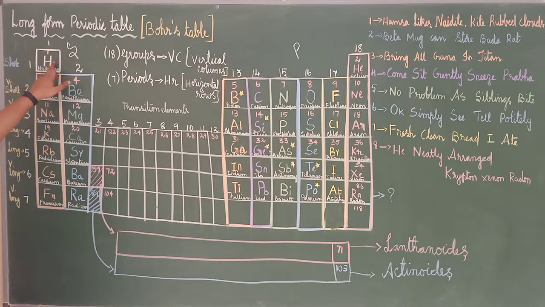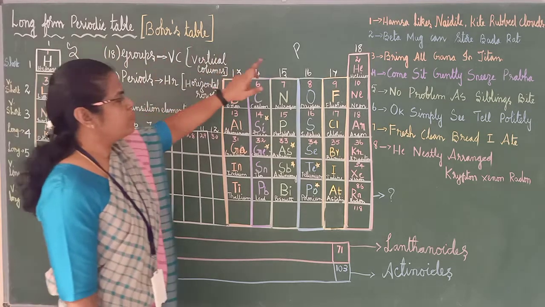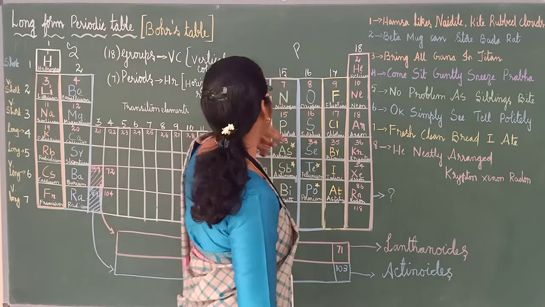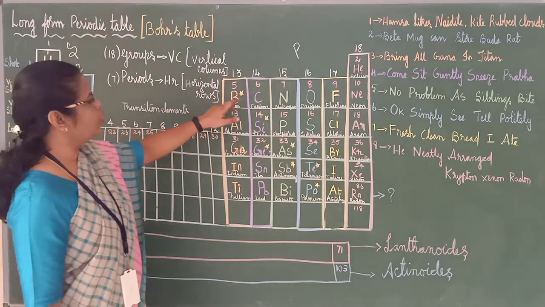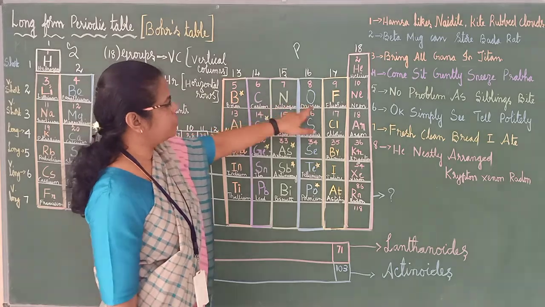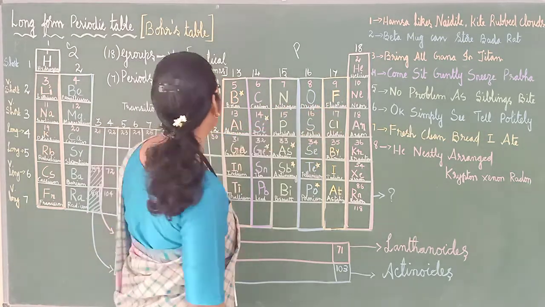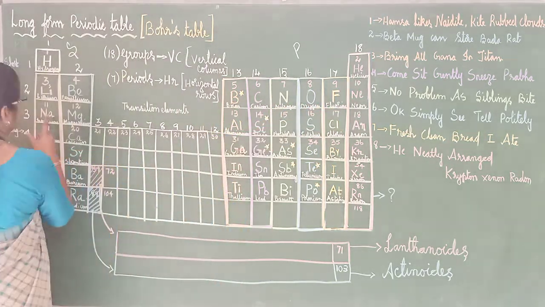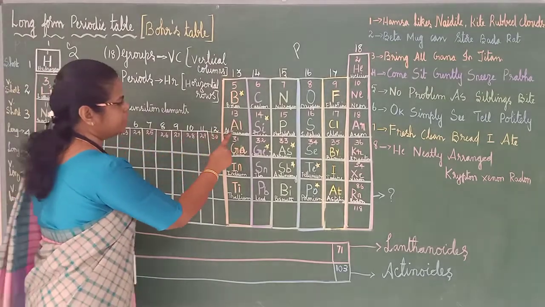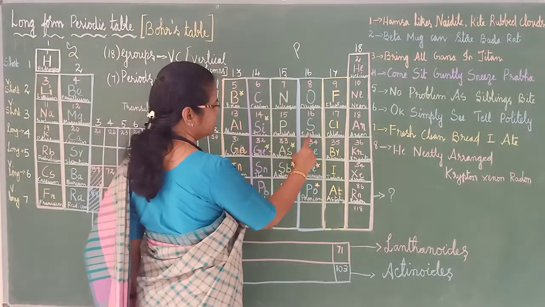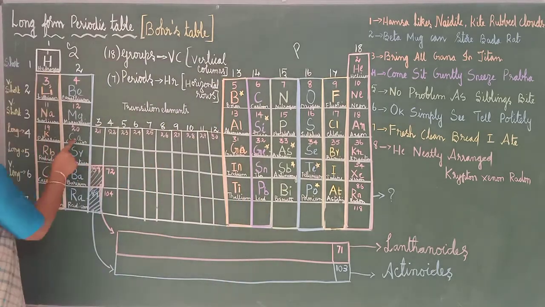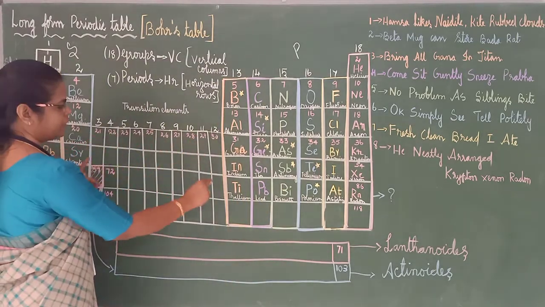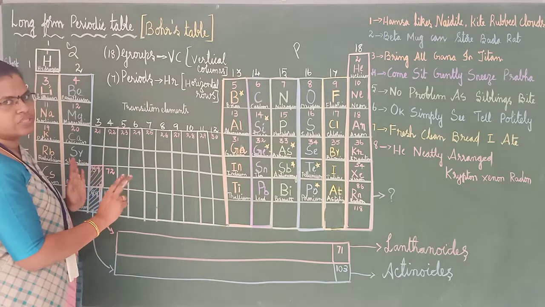First, atomic number 1 is hydrogen. Atomic number 2 is helium. Then 3, lithium, beryllium, boron, carbon, nitrogen, oxygen, fluorine, neon. Then sodium, magnesium, aluminium, silicon, phosphorus, sulfur, chlorine, argon, potassium, calcium. I have left this because we are not going to study this now.